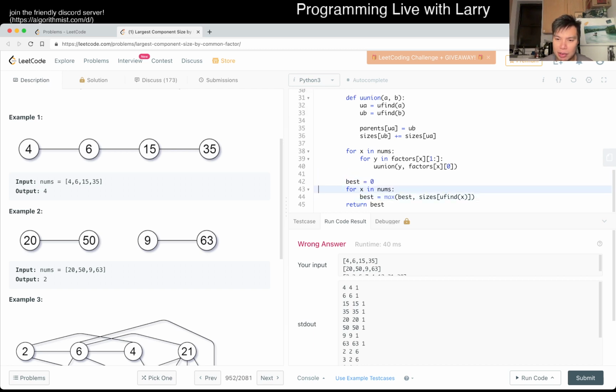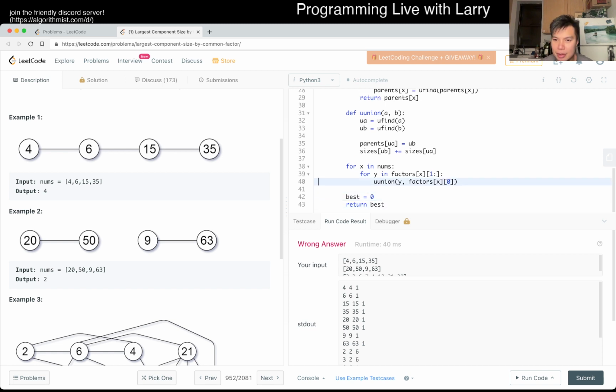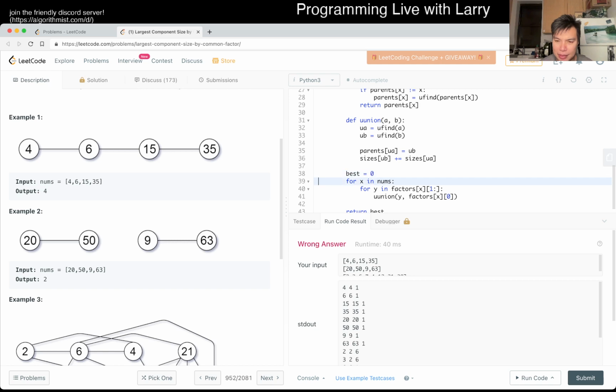Okay, so that's not right. So what we want to do then is we can do it here on a... I think that's where I should have done it anyway. I just was opting for something that I thought may be a little bit better, but maybe not.